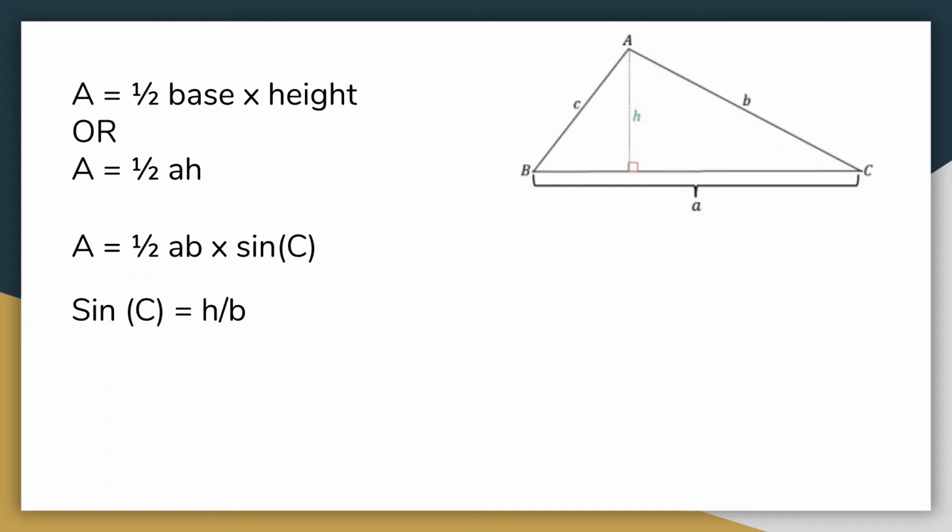You know, SOHCAHTOA. If you look at angle C, its opposite side is H, and the hypotenuse, which is the side across from the right angle, is B. So sine of C equals H over B.